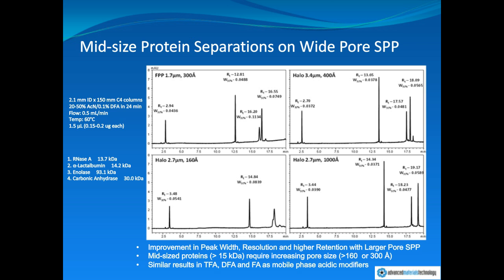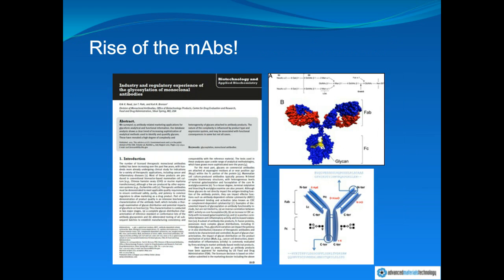You'll note I also include in the bottom here a bullet point that says similar results in TFA, DFA, and formic acid as mobile phase acidic modifiers. And the reason why I mention that is we use a number of different mobile phase modifiers. I'll describe that after I introduce the idea of why we actually want to separate much larger molecular weight materials.